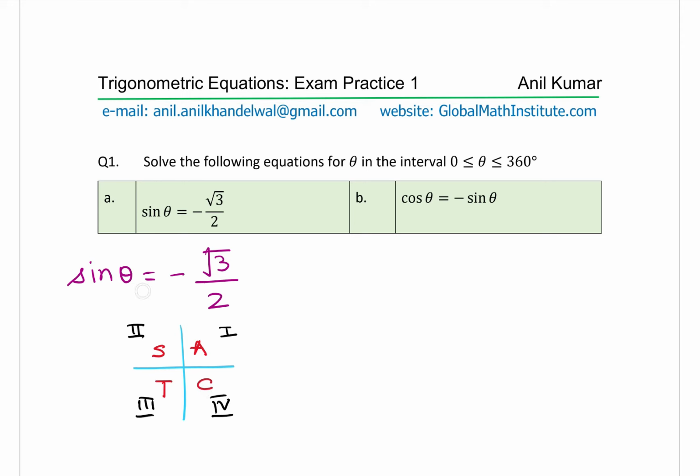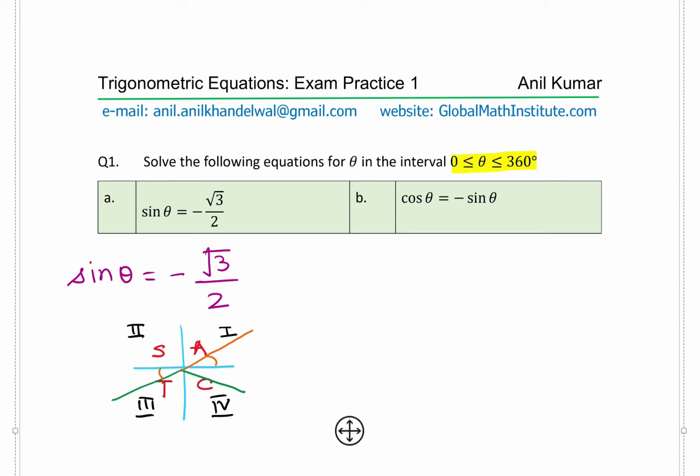When we say that sine theta is negative, it really means that the angle could be in quadrant 3 or in quadrant 4. So we're looking for two possible solutions in the given domain of 0 to 360 degrees, right? That's the basic concept. What we are going to do is find the related acute angle. The related acute angle is always found in quadrant 1, and we look at a positive value.